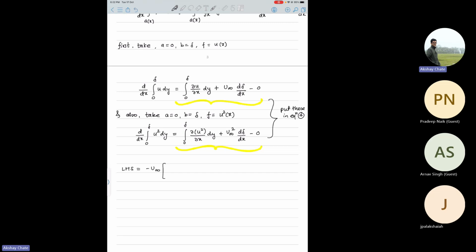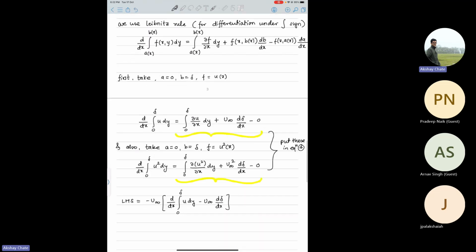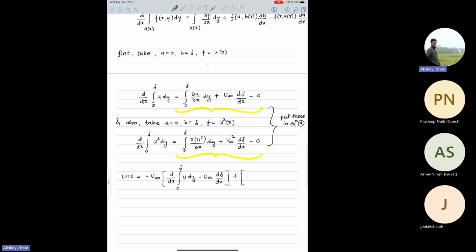The bracket term changes, it becomes d by dx integral 0 to delta u dy minus u infinity d delta by dx. This is your first term, which was u infinity into this integral, and then you have an additional term which is the u square term, and that becomes d by dx integral 0 to delta u square dy minus u infinity square d delta by dx.